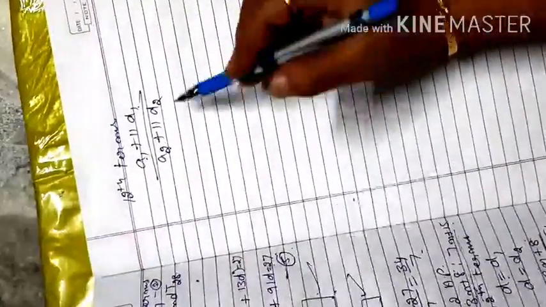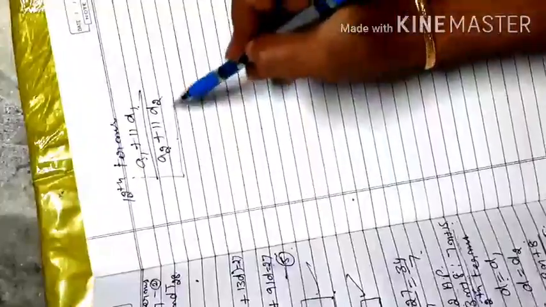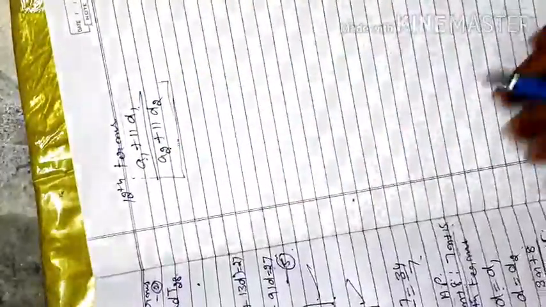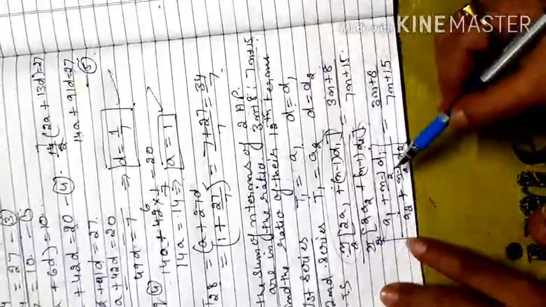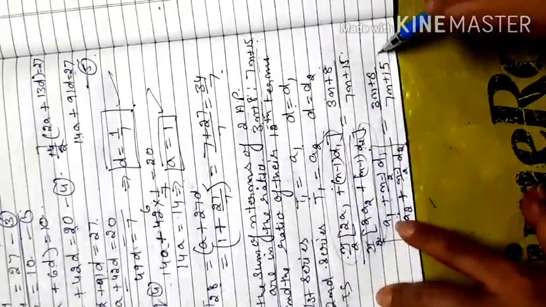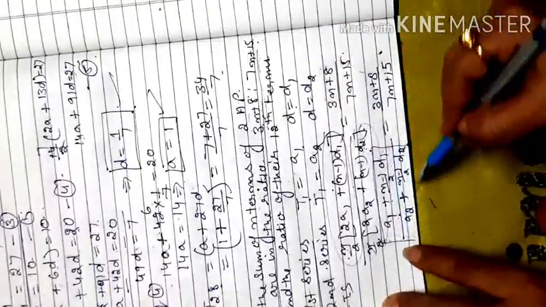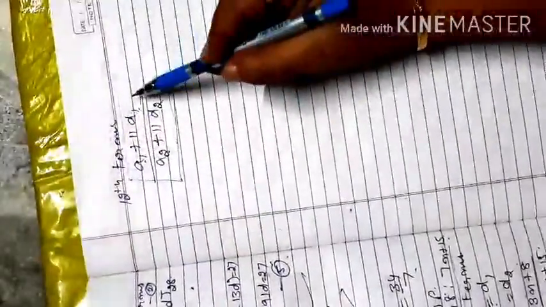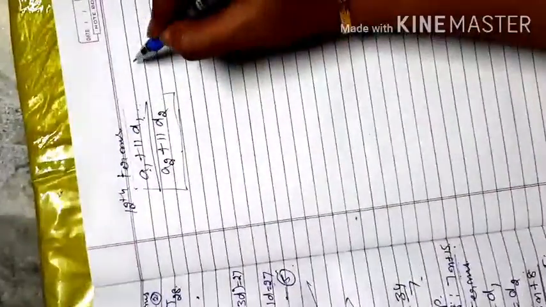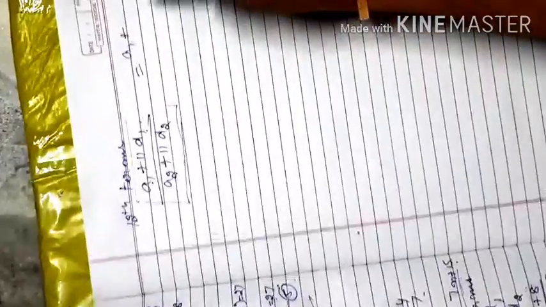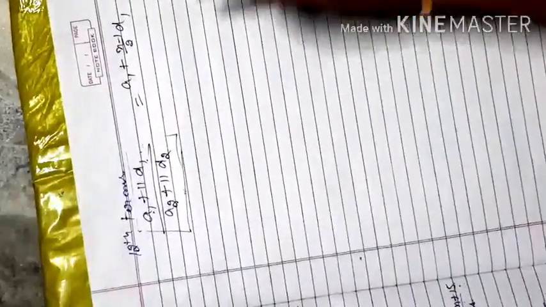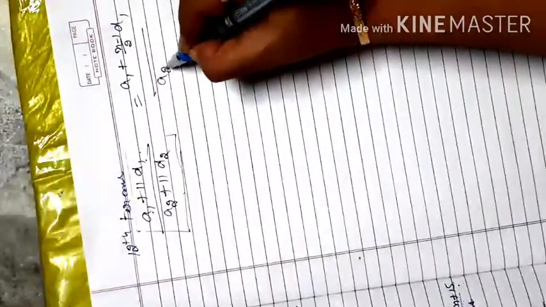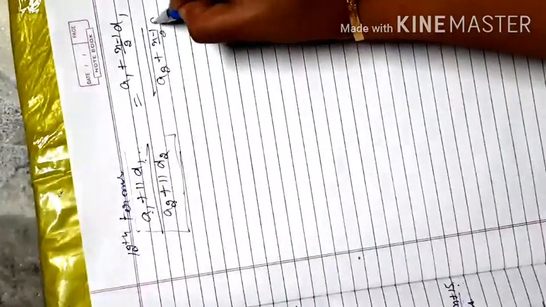Okay, so if I want the ratio of the 12th term, this shows the ratio of the nth term. Now I want to convert this nth term into the 12th term. That means I have to compare this a1 plus (n minus 1)/2 d1 and a2 plus (n minus 1)/2 d2.